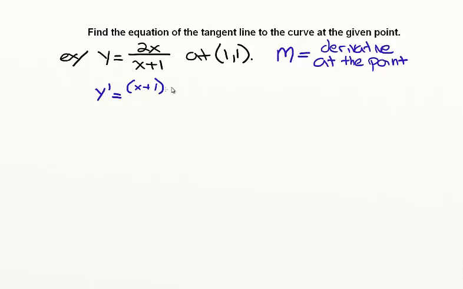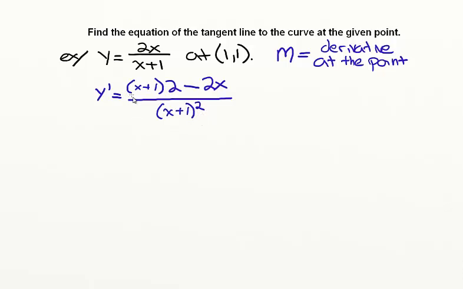Our d high, or derivative of the top, is going to be 2, because the derivative of 2x is just 2. Then we're going to subtract from it high d low. So our high function is 2x, and our d low is just 1. And then all over low squared, which is x plus 1, that whole quantity squared.